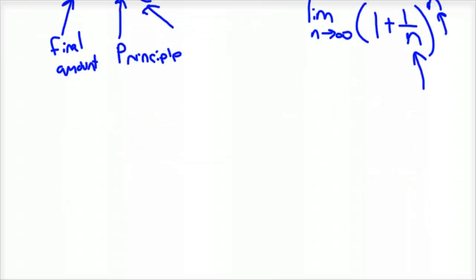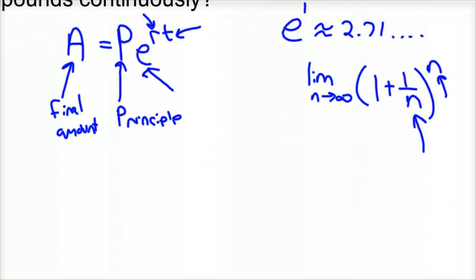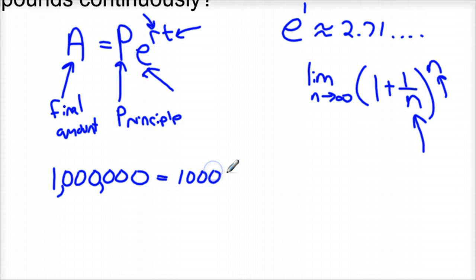So, 1 million equals, we start out with 10,000 for P, e to the rate of growth, which we don't know, times T, which is 55 years.